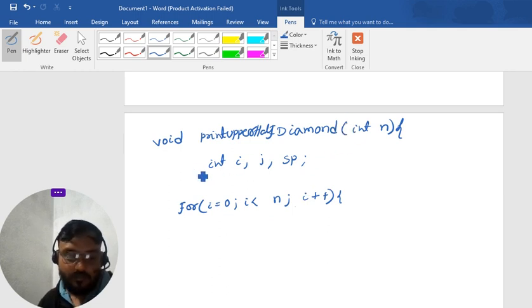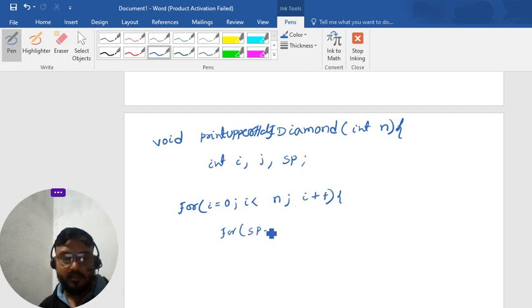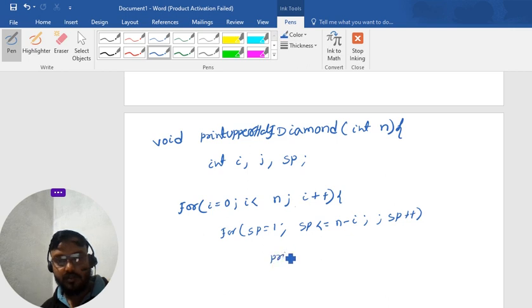So this is for the row, then I need to print the space. For sp equals 1, sp is less than or equal to number of rows minus i, sp plus plus, then printf space.